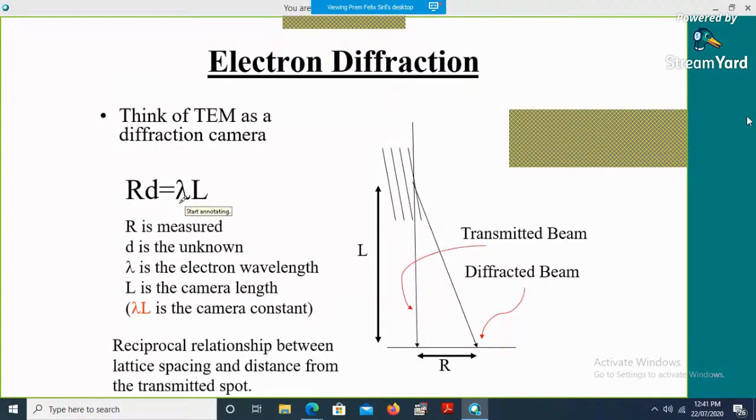So when you calculate R, you can calculate D, because L is a constant and the lambda value we know. So in this fashion, by calculating the value of D, we can identify the crystal planes that are present in your sample.